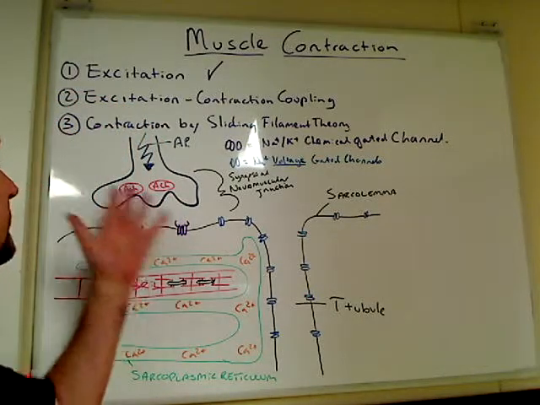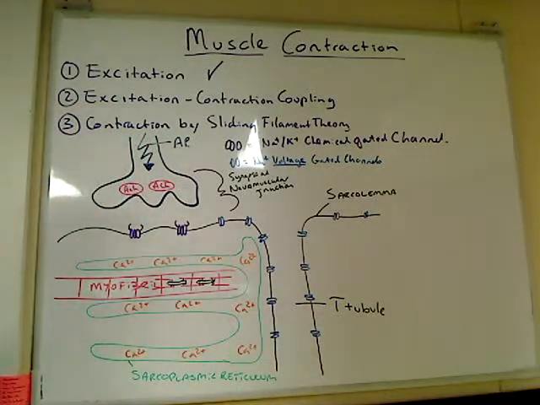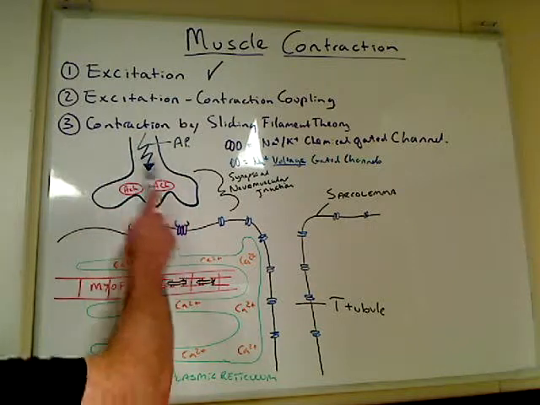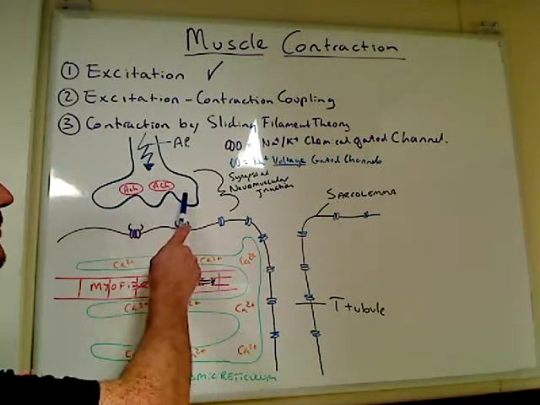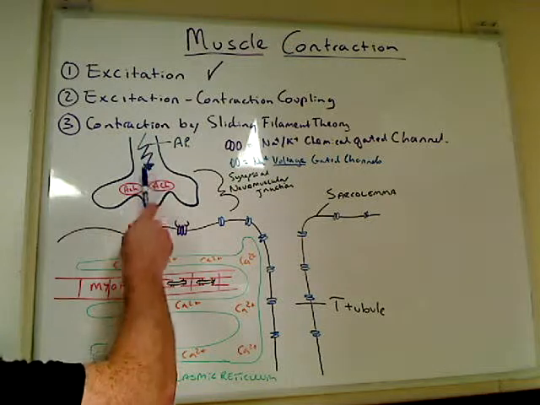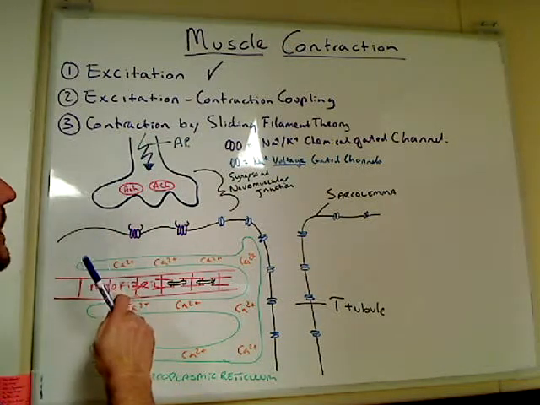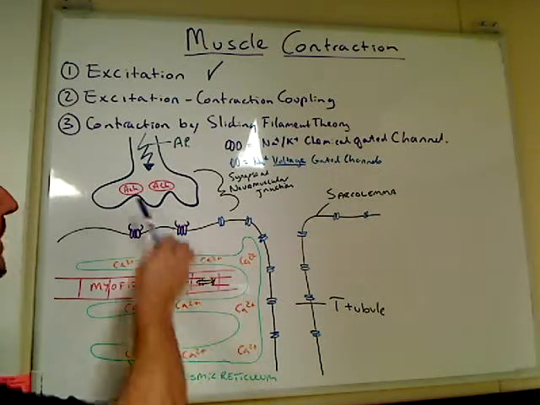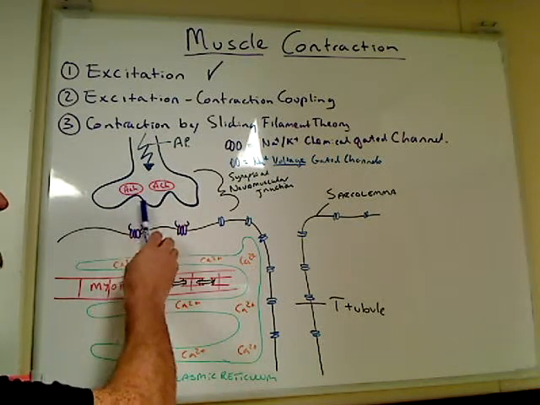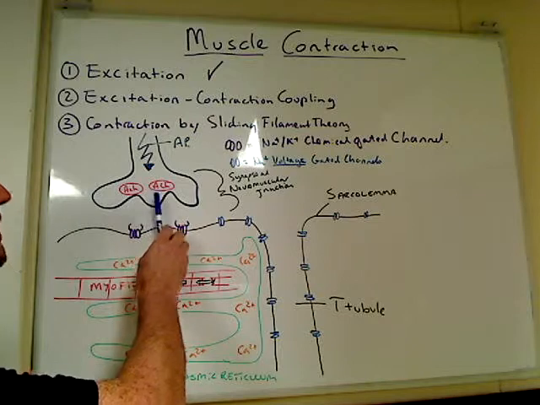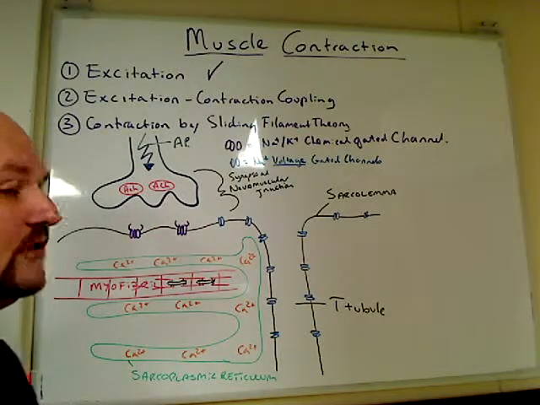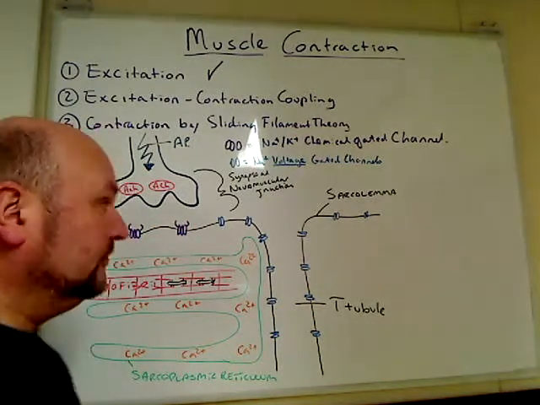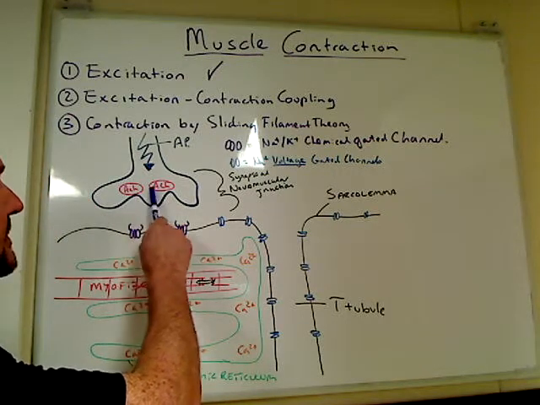So behind me here, I have the diagram I've already drawn out. This part here is the axon terminal of the neuron, and the action potential arrives in the axon terminal and is converted into a chemical signal. The chemical signal, in this case in a neuromuscular junction, is a neurotransmitter called acetylcholine, shortened to ACH.